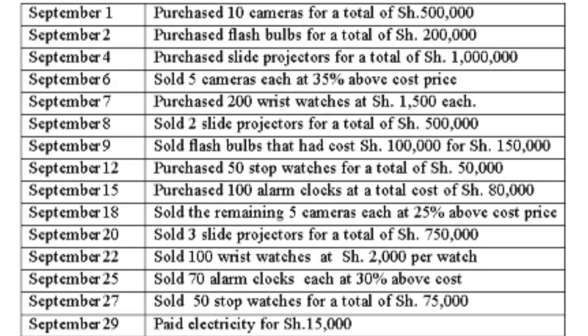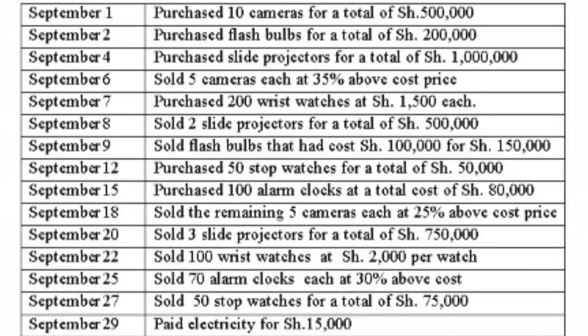So that was September 9. Then September 12 purchased 50 stopwatches for a total of 50,000. It's 1,000 per stopwatch. 15th purchased 100 alarm clocks at a total cost of 80,000. So we take the cost of 80,000 divided by 100.